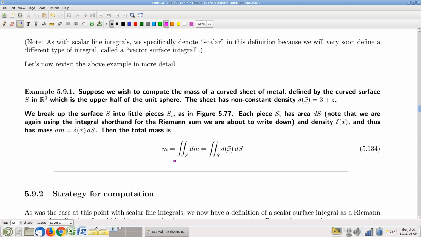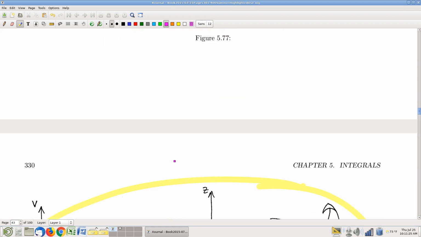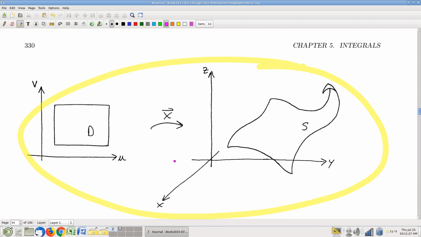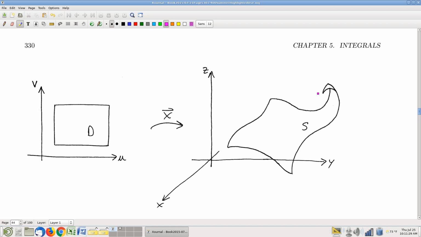How did we compute scalar line integrals? Oh yeah, right. We did a pullback through a parameterization. Lucky break. It just happened to be that we had this existing idea of a parameterization, and curves were images of parameterizations. Good news. Same's true for surfaces. Now these kinds of parameterizations are a little bit different looking.